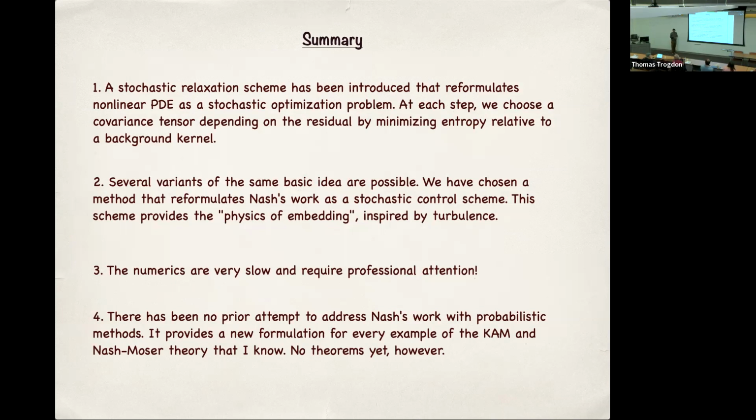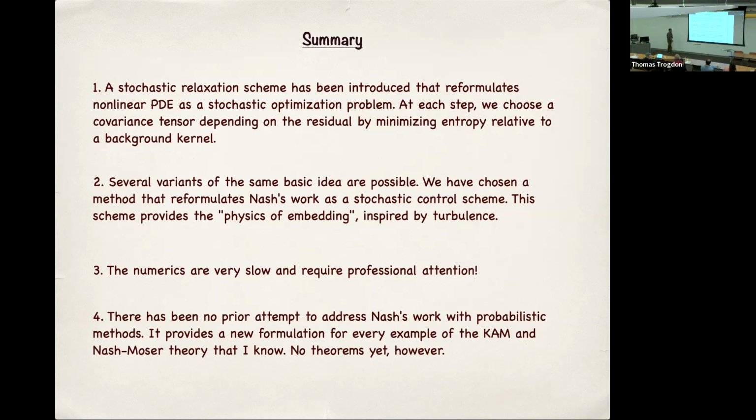You have to find a covariance tensor given this residual by solving an optimization problem. Several variants of the same basic idea are possible. Somehow I like my variant because it gives you the natural physics of embedding, which in some sense has been missing. The numerics require professional attention, so again, it's something where I would appreciate assistance.